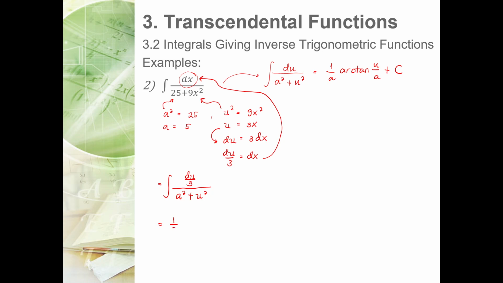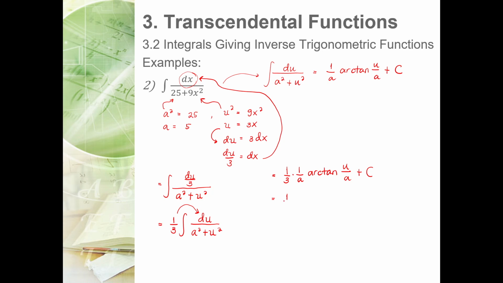Factoring out the constant, our equation simplifies to 1/3 integral of du all over a squared plus u squared. So don't forget to multiply 1/3 to the integral of the equation. That's 1/3 times 1 over a arctangent u over a plus c.